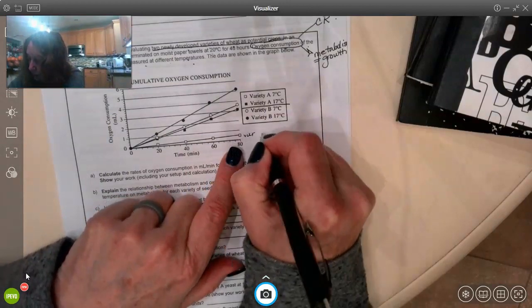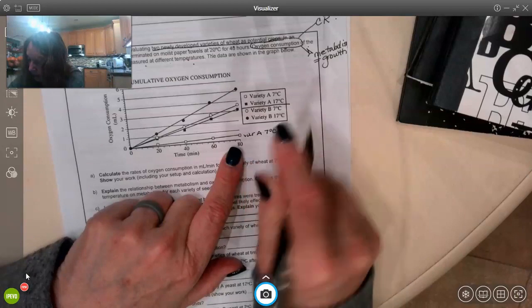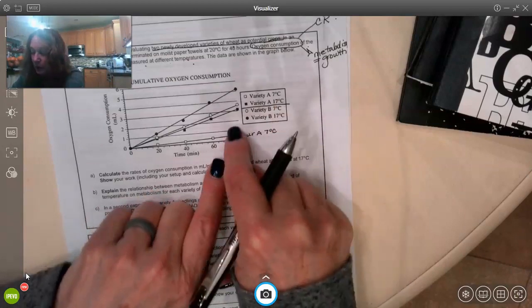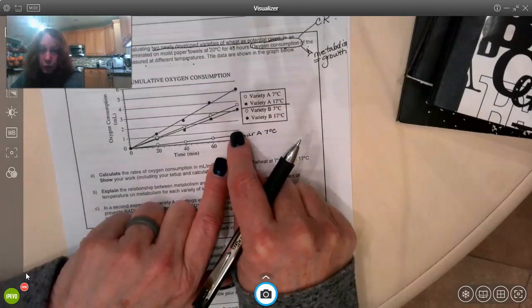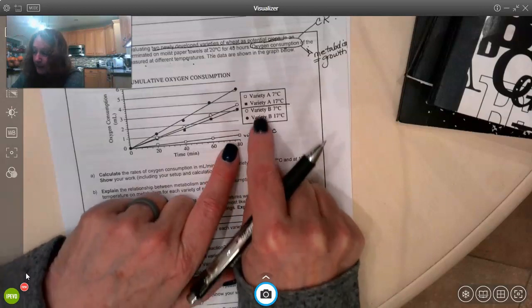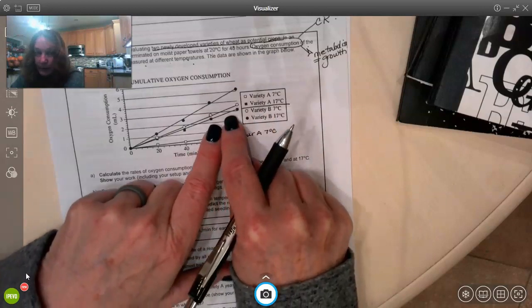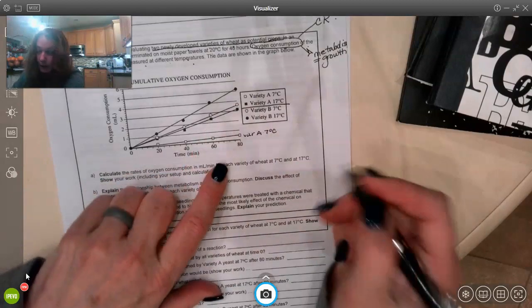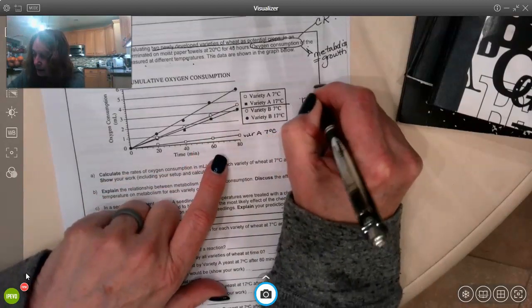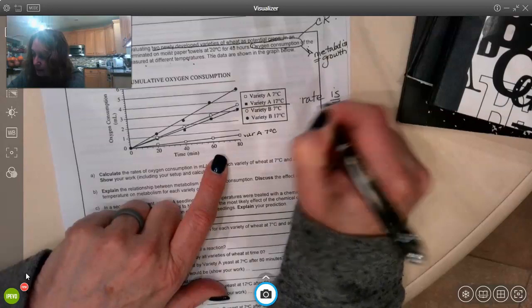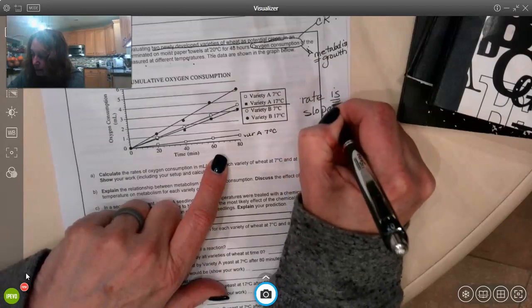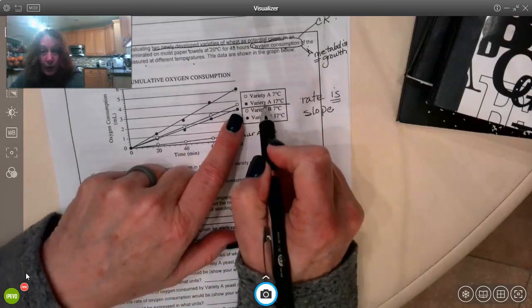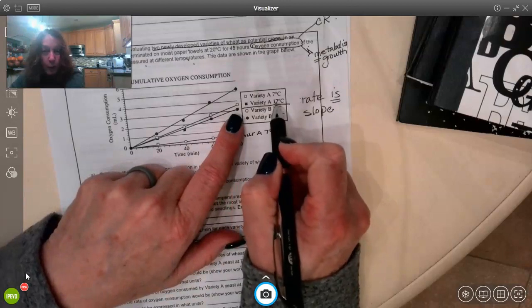You do whatever you want to do. But I've learned that going back up here and checking, I make really stupid mistakes. Then as we go up, our next highest rate, which is slope, let's write that over here. Rate is slope. Is still variety A, but at a warmer temperature.